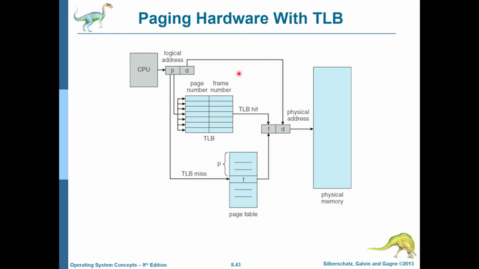So, for example, both processes can have their page number 0 mapped to different frames in physical memory. Now, over here, page number 0 is mapped to frame number 15 for process 1. If a context switch happens and process 2 comes in, that process's page number 0 might be mapped to frame number 20 in physical memory.